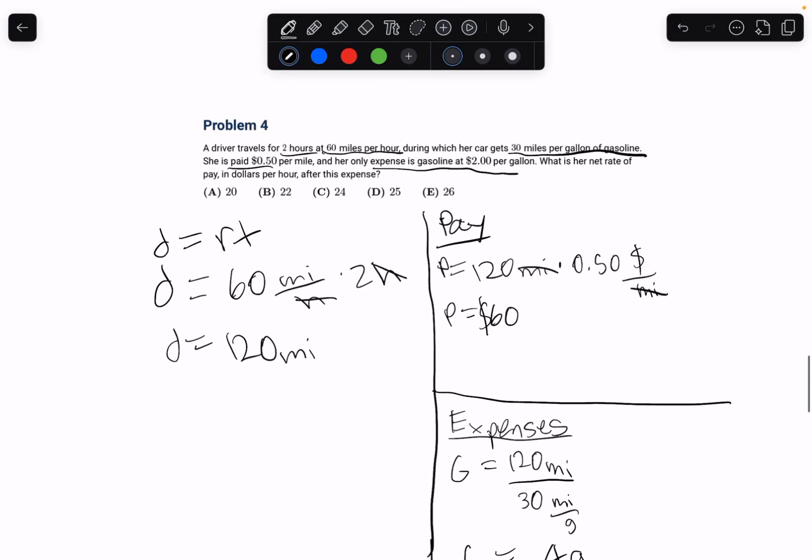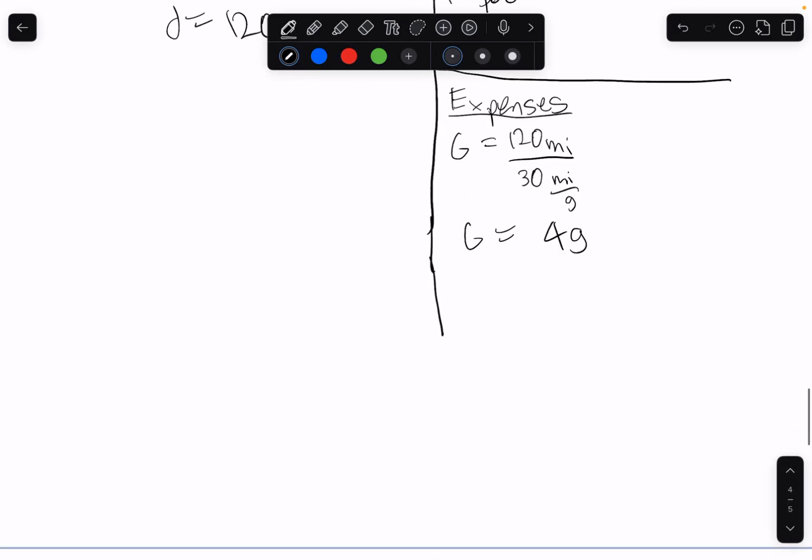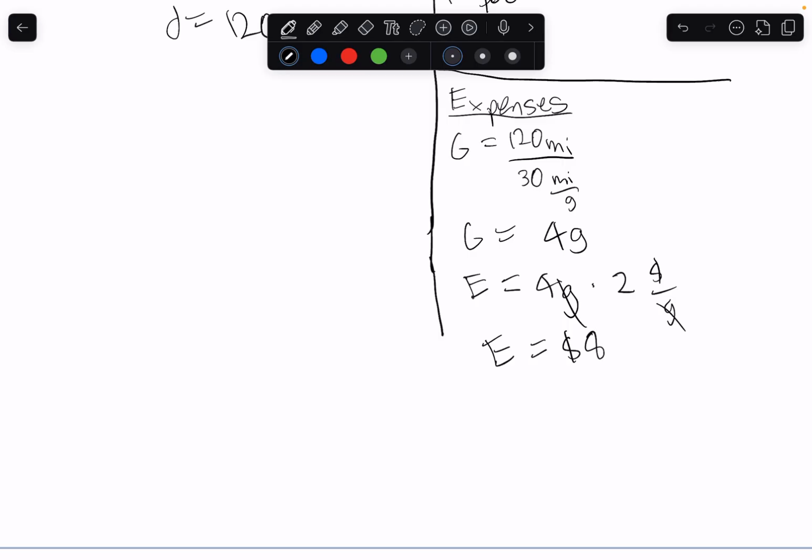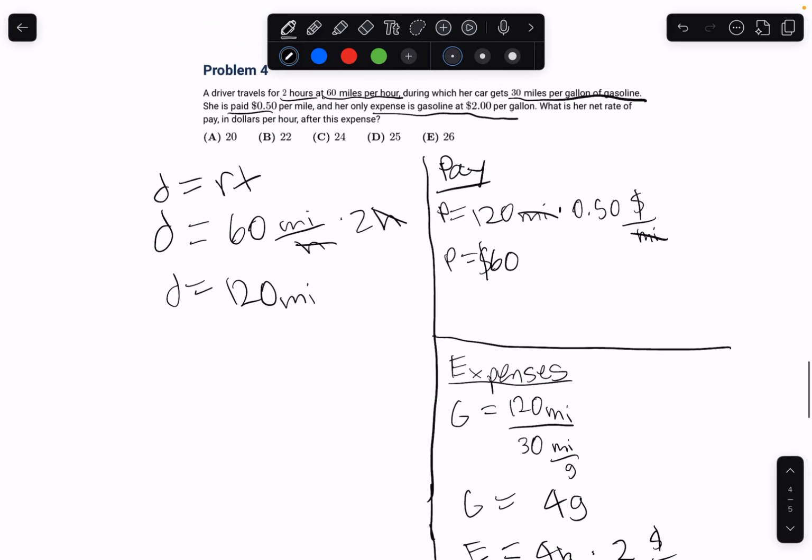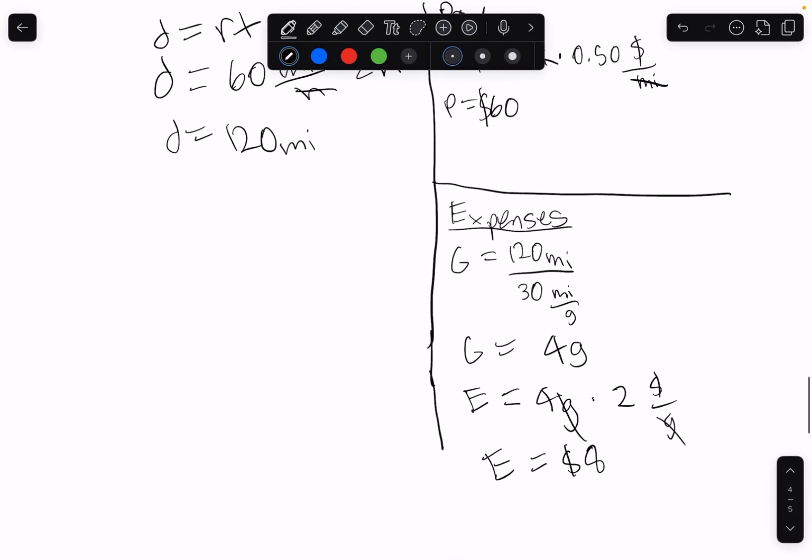And now we can calculate the price, which is $2 per gallon. So her expenses are equal to 4 gallons of gasoline times $2 per gallon, which is $8. Now I can calculate her total income.